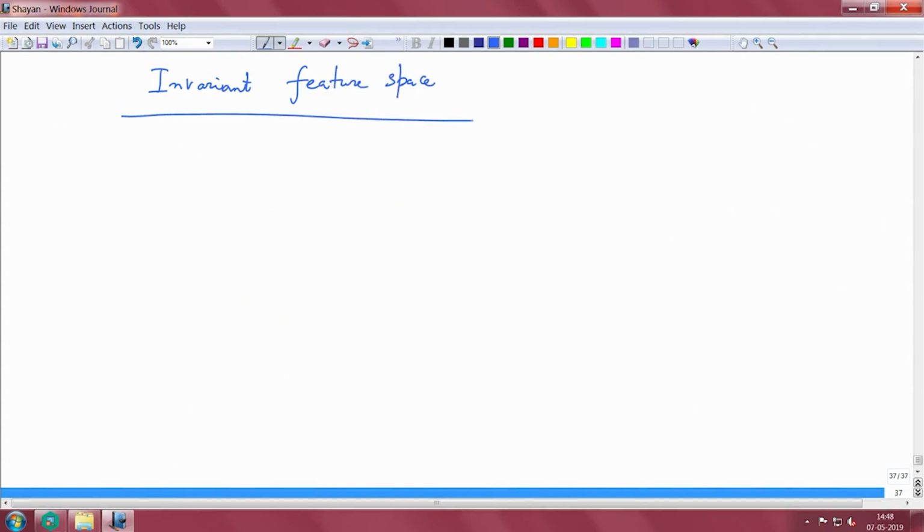Again, our guiding force would be examples. So, an invariant feature space is basically invariant to transformations of the input space. We already saw some invariants in terms of rotational transformation, right, because you take the same object, you rotate by a certain transformation and it is invariant.